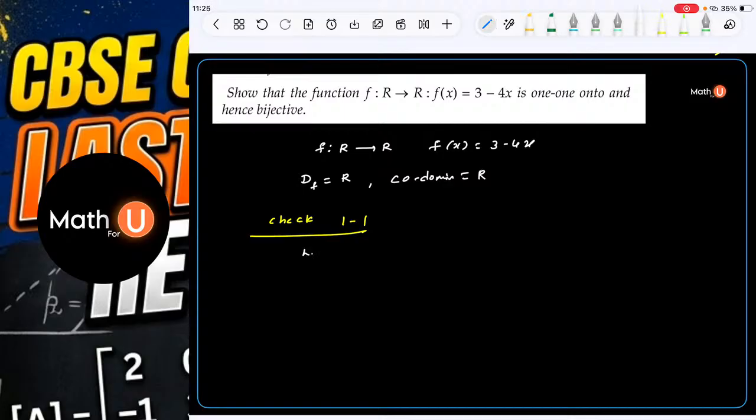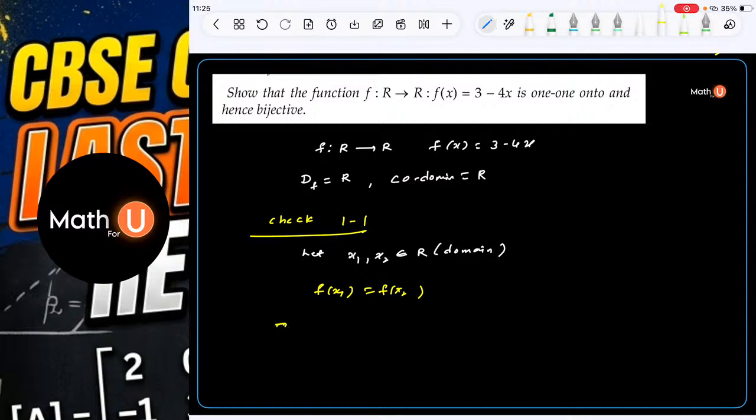First start with: let x1, x2 belong to real numbers. That means they both are present in the domain. Then f of x1 is equal to f of x2.